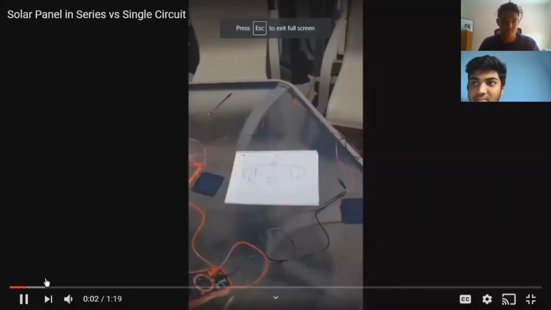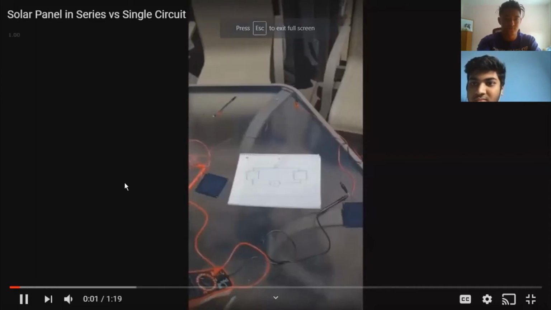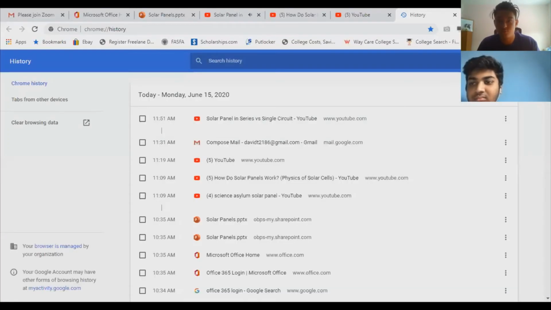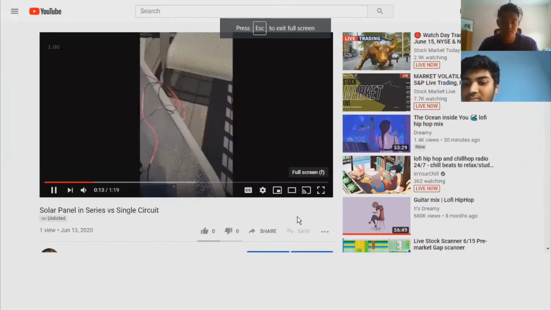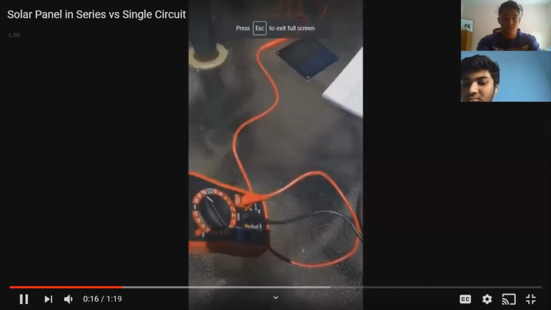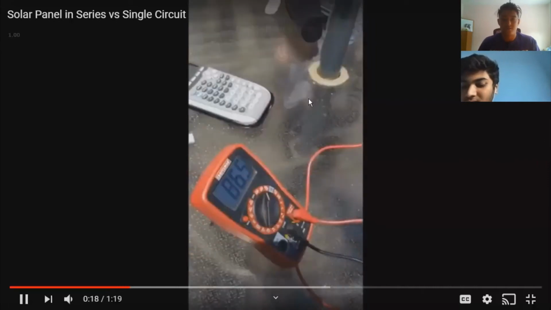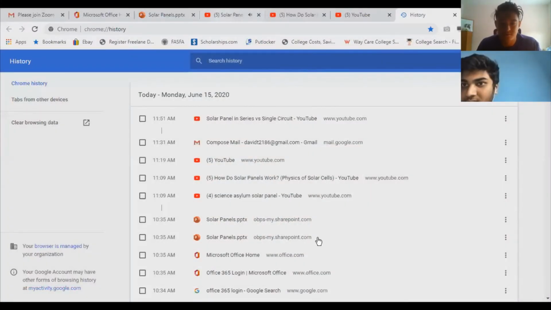Alright, so here we have the circuit in series. You can see here we're trying to replicate this diagram. So I'll start from this solar panel here. The current will travel to the black wire, and it will go right to this amp meter, 7.2.